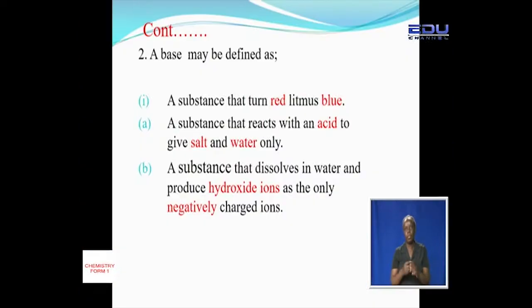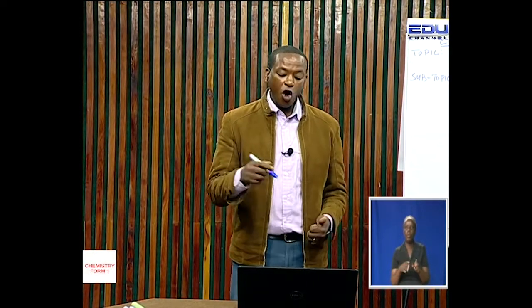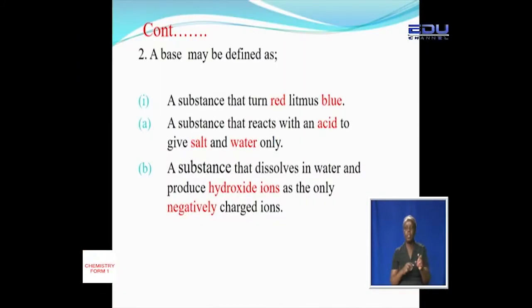Then the definition of a base: it is a substance that turns red litmus paper blue. Any substance that turns red litmus paper blue is a base. Or it is a substance that reacts with an acid to give salt and water only.